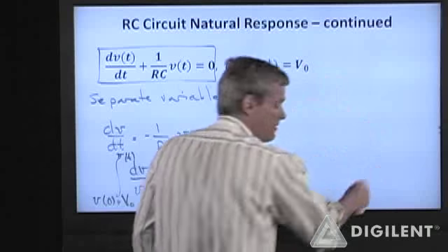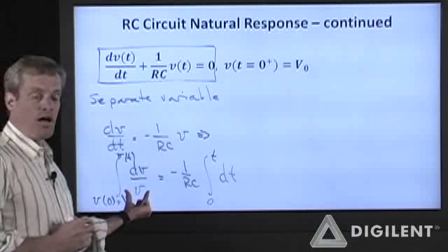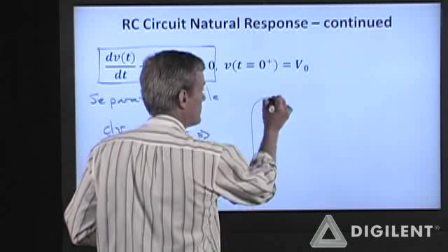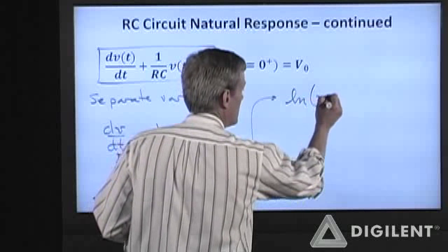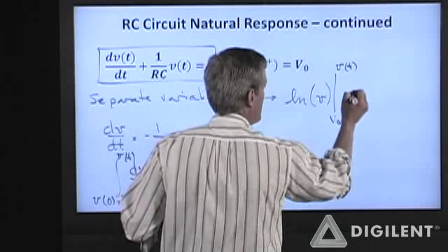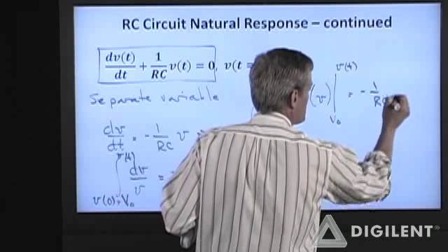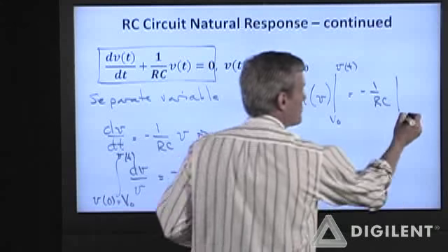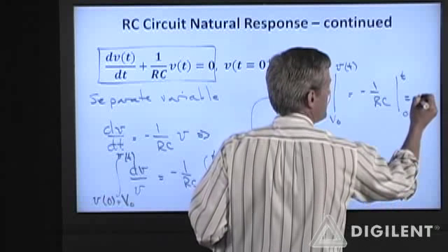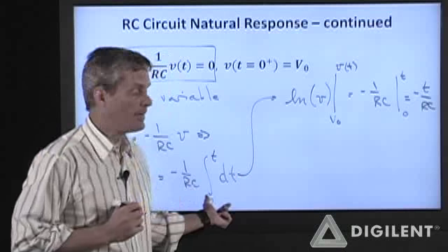Let me do this integration. Integral of dV over V is the natural log of V, evaluated from V0 to V of t. That's equal to minus 1 over RC, evaluated between 0 and t, which is minus t over RC.